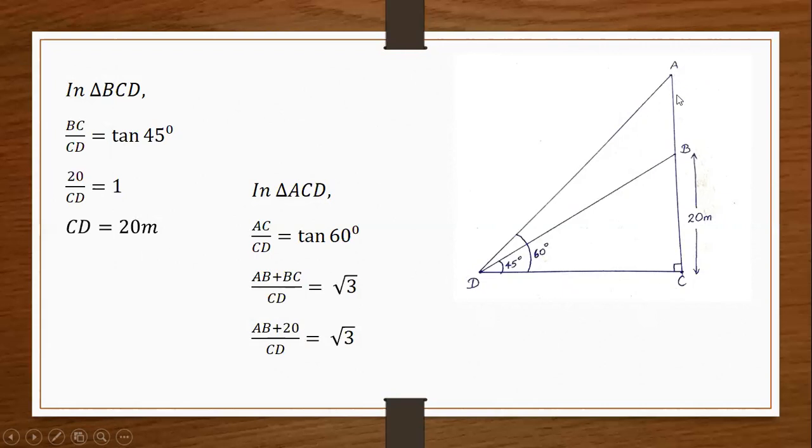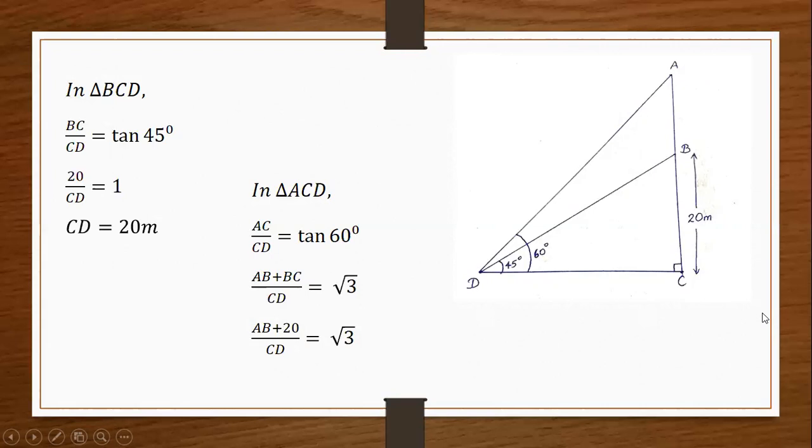Now in triangle ACD, the bigger one, tan 60 degrees is AC by CD. AC is AB plus BC by CD, which is equal to root 3. Now BC is 20. We know CD is also 20. We have just found out.